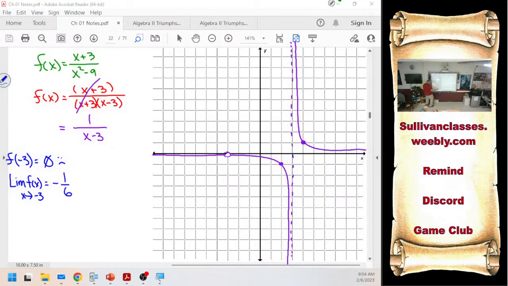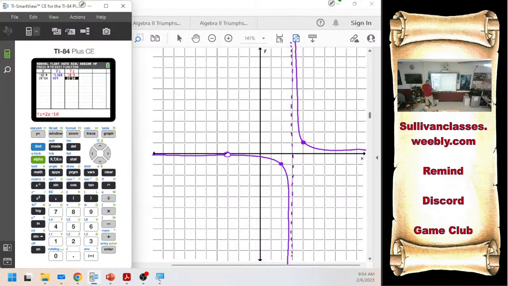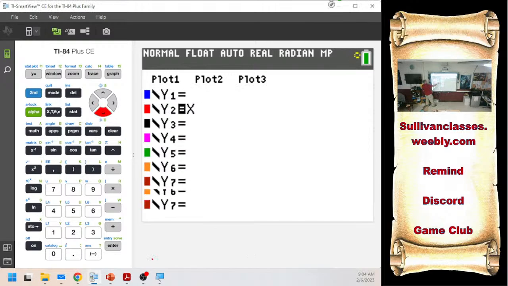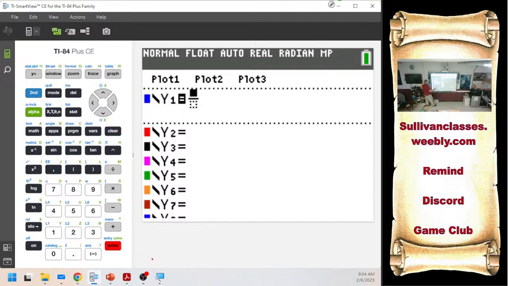Now, if you didn't remember that trick from rational functions, and we will do more with rationals later, I would go to my calculator screen. Well, I would clear and clear. And it was x plus 3, right?